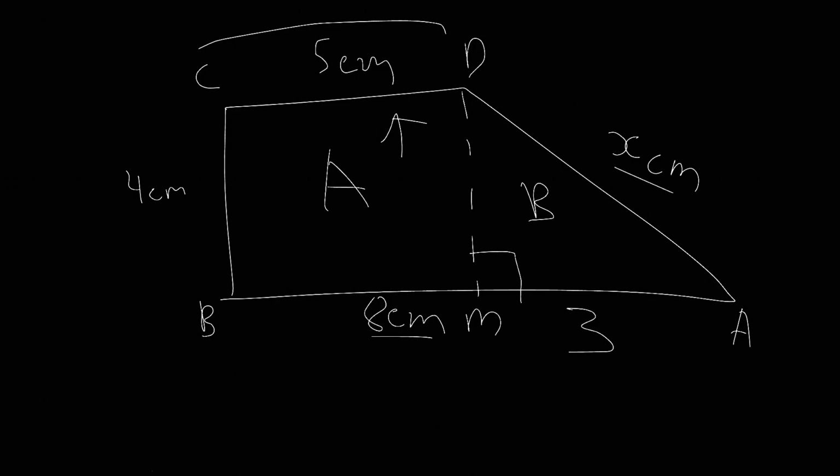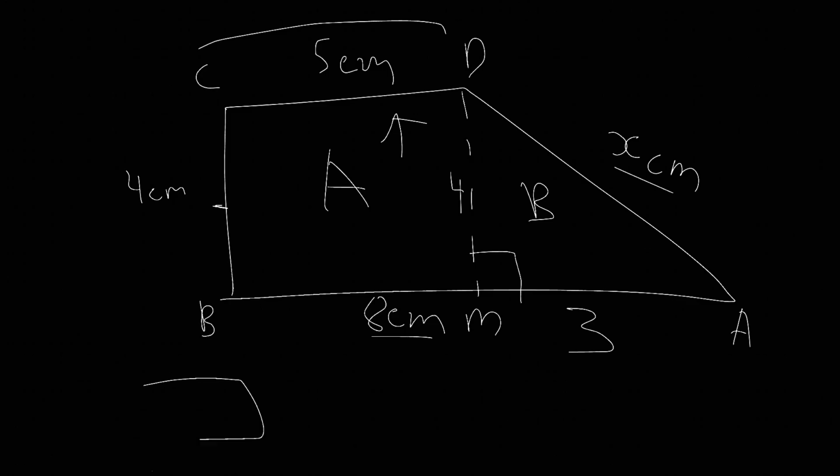So now that I have one side, how can I find DM, or MD, this side over here? I can actually see that since this over here is 4, then this over here is 4.